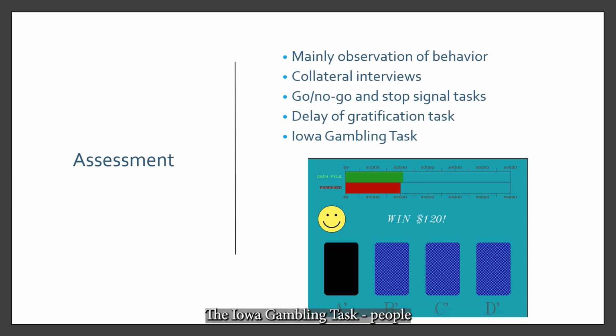The Iowa gambling task, people are presented with 4 virtual decks of cards. Each deck holds cards that will either reward or penalize them with in-game money, but they're not told that the decks differ from each other in the balance of reward versus penalty cards. Some decks are bad decks, which have larger rewards, but also larger or more frequent penalties that outweigh the higher rewards they give.